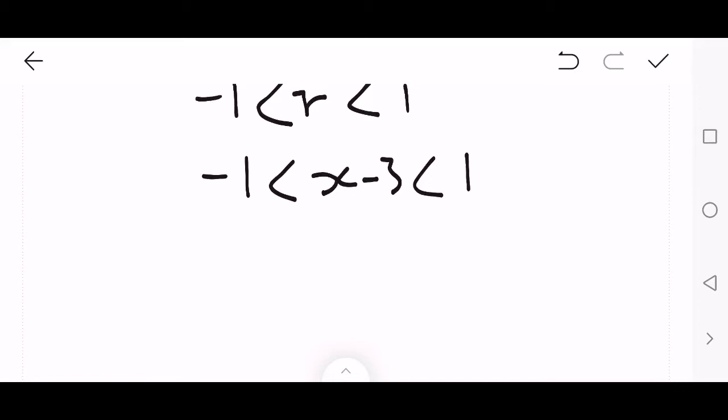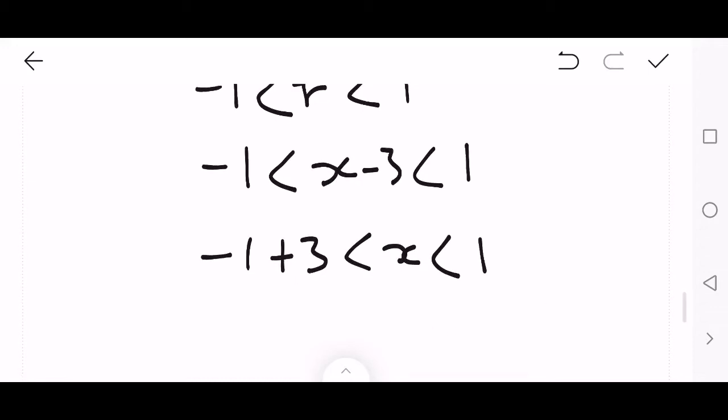Now we have minus 1, taking the minus 3 to the left hand side, we have plus 3, and we'll be left with an x inside and a 1, and then taking the minus 3 to the right hand side, it will be a plus 3.